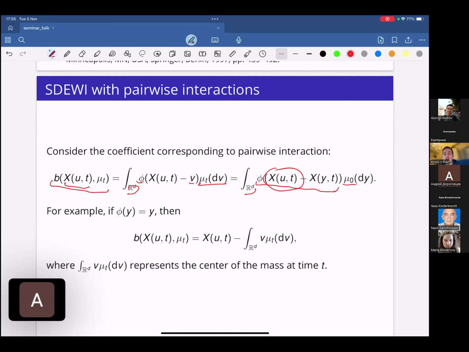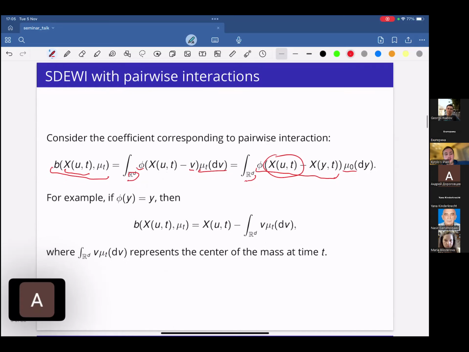That is the whole idea of such equations: a single particle has information about all other particles. And if we consider the identity mapping, the simplest one, then such a coefficient is just our current point x(u,t) minus the centroid, or center of mass, at time t.